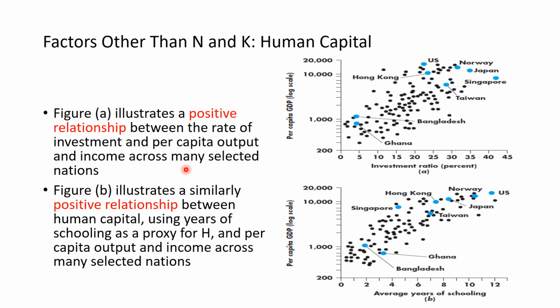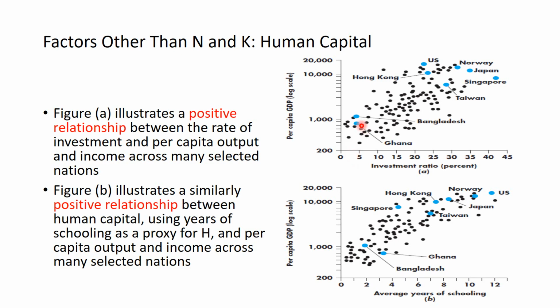If we think specifically about factors other than the population size and physical capital and consider human capital, it's really interesting to think about what's going on if we look at the figures on the right-hand side of your screen here. The first diagram is showing the investment ratio relative to per capita GDP. Okay? So what it's suggesting here is that countries that invest more have a higher level of per capita output.